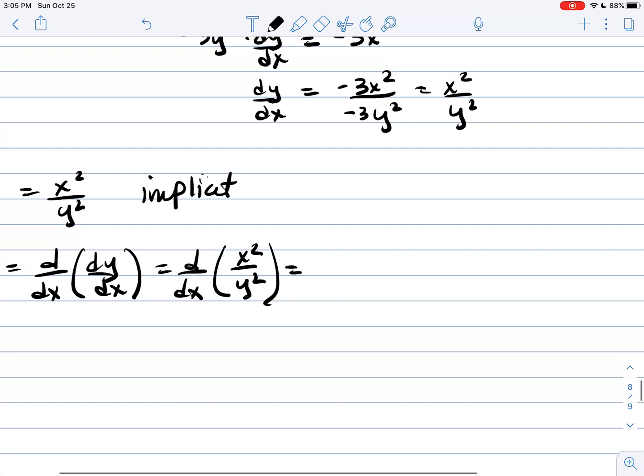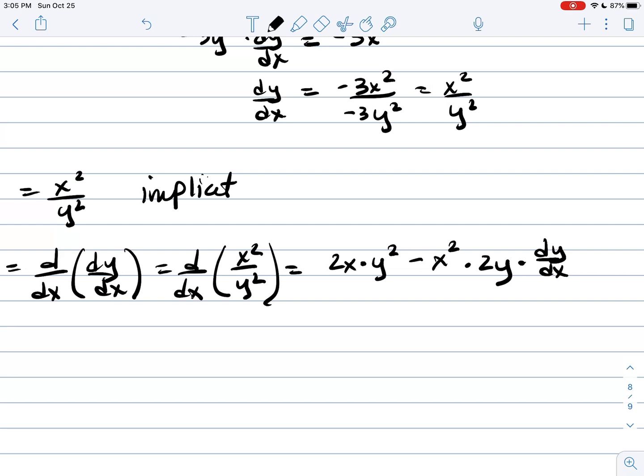The derivative of the top is 2x times the bottom, minus the top times the derivative of the bottom, and the derivative of the bottom is 2y times dy/dx, all over the bottom squared. So that's going to be over y to the fourth.